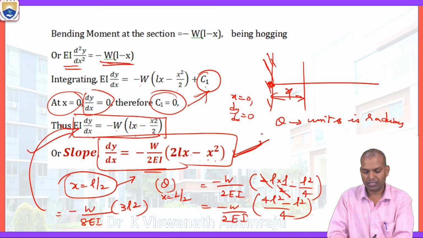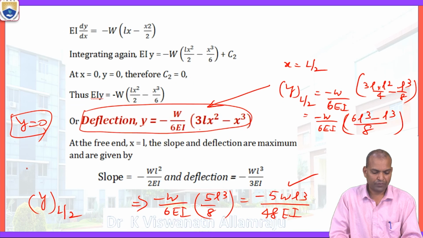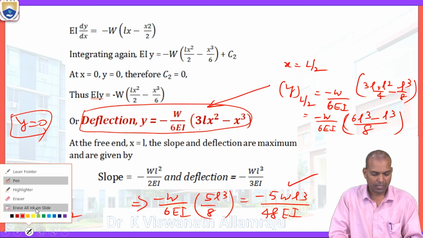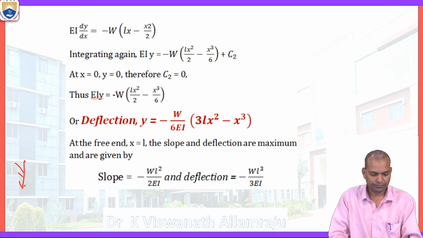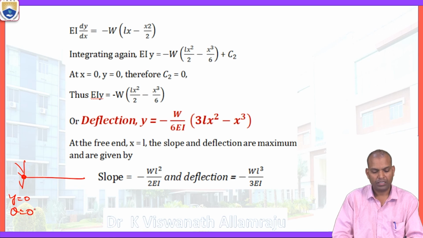What is it at 0 length? That means fixed support. The slope is equal to 0. So at the fixed support, y equal to 0 and theta equal to 0.